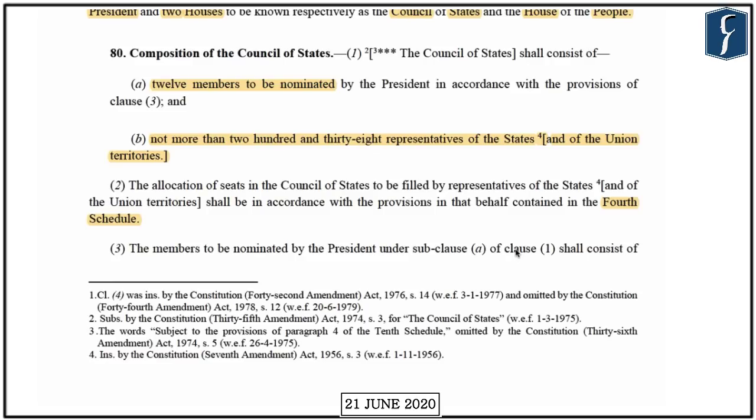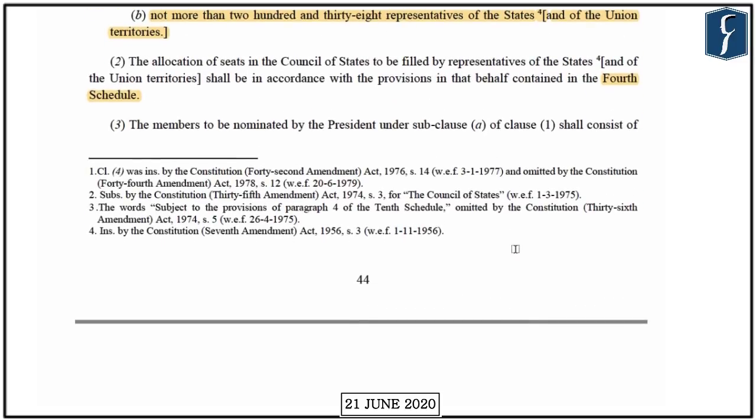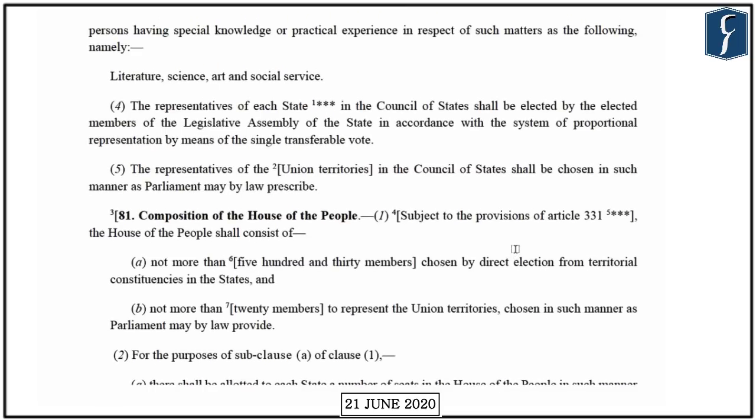Coming back to Article 80, since we have discussed both 1 and 2, let's now move on to Clause 3, which basically specifies the categories among which the President can nominate distinguished people into Rajya Sabha. And those are literature, science, art, and social service.